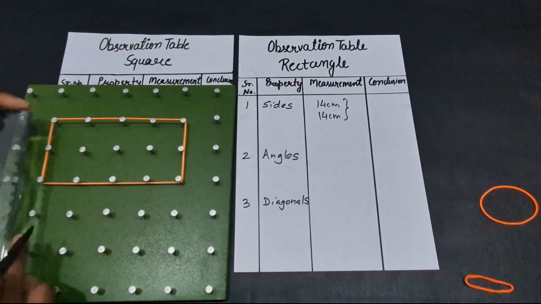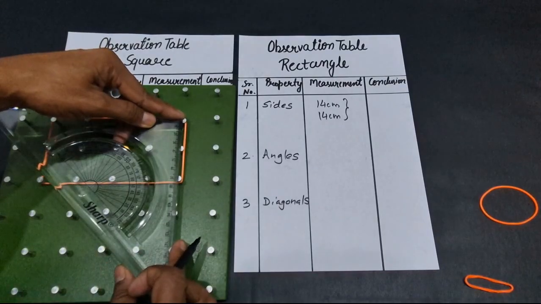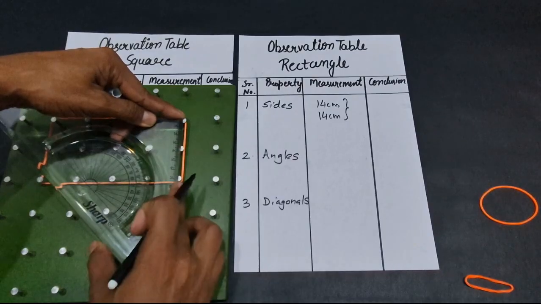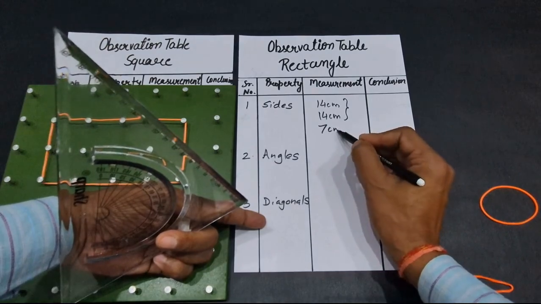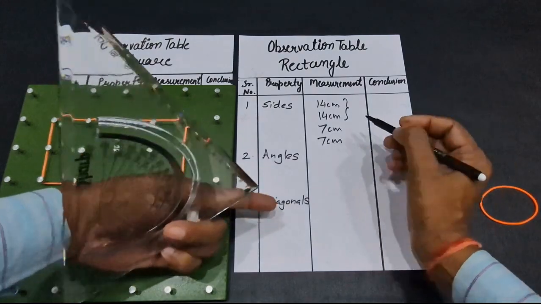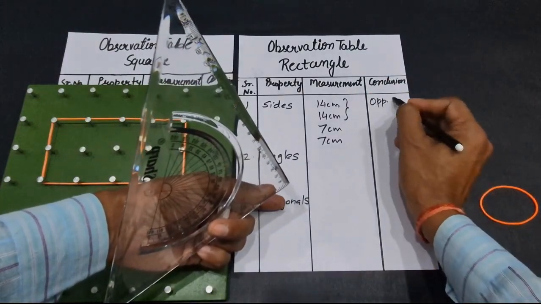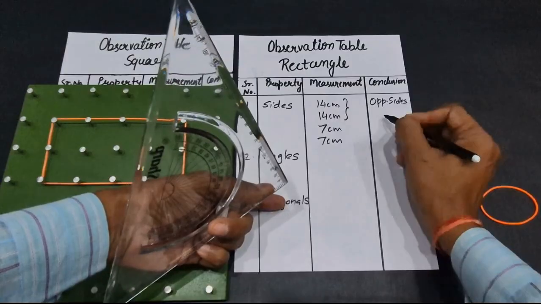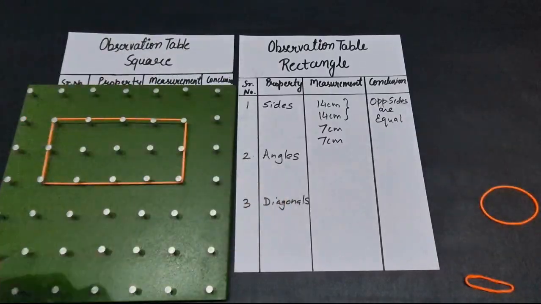Likewise, if you measure this, this is approximately 7 centimeters, and this is also 7 centimeters here. So the other pair of opposite sides are 7 centimeters each, and so the conclusion is, in a rectangle the opposite sides are equal. That means they are of equal length.